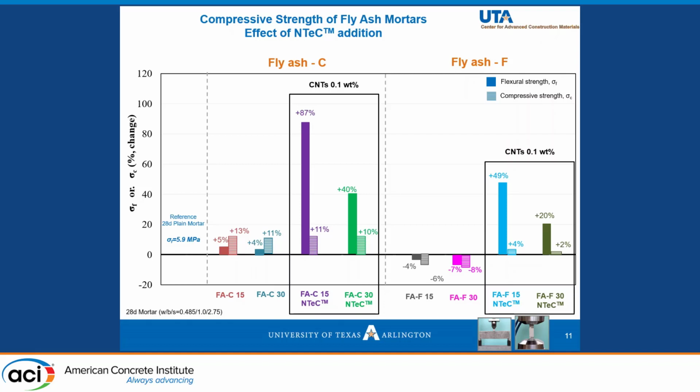While for fly ash F, we observed the same trend as the flexural strength, even though the values for mortars without the CNTs were slightly lower than that of plain mortars. The addition of CNTs increased their compressive strength further.